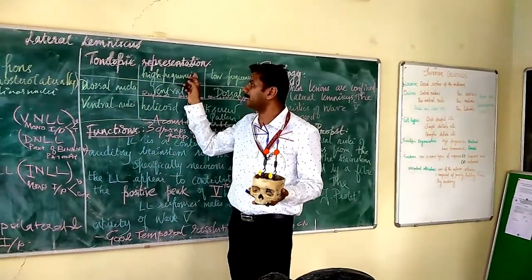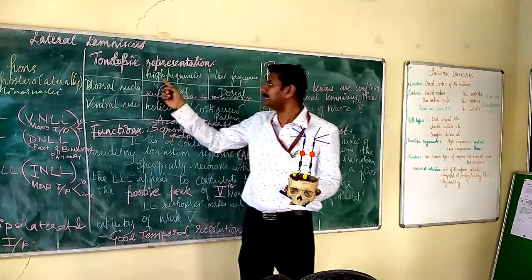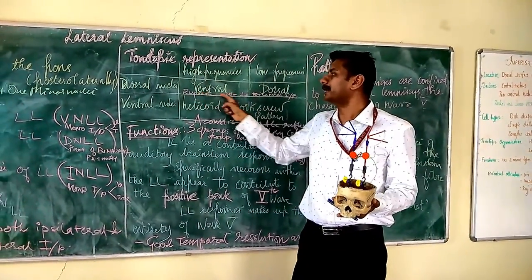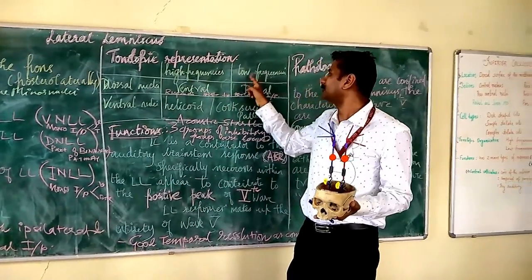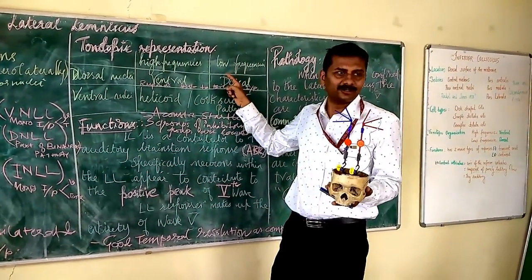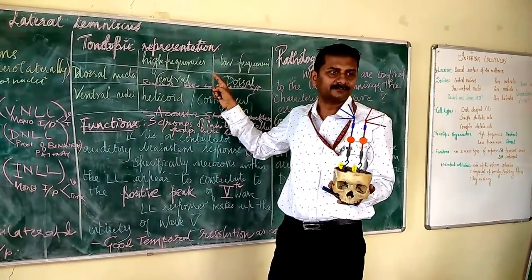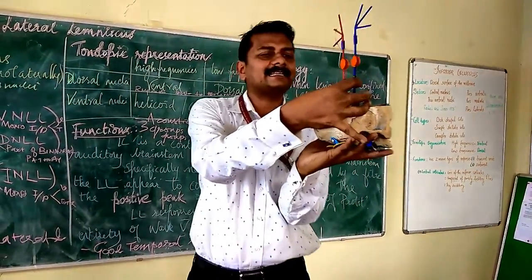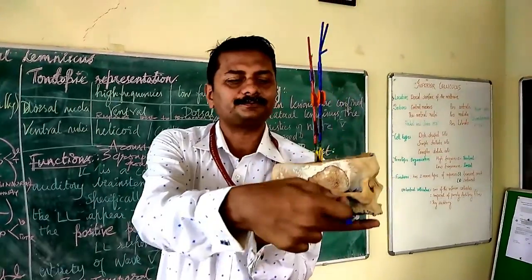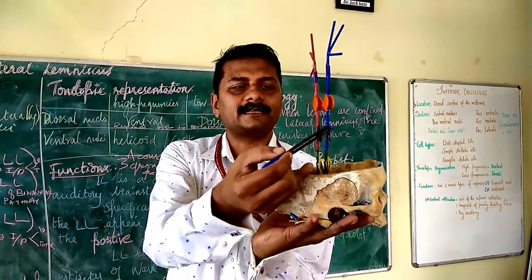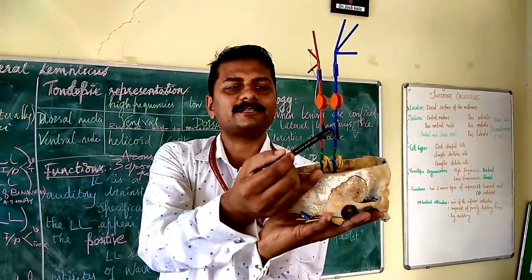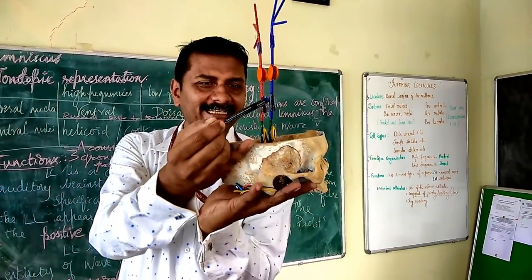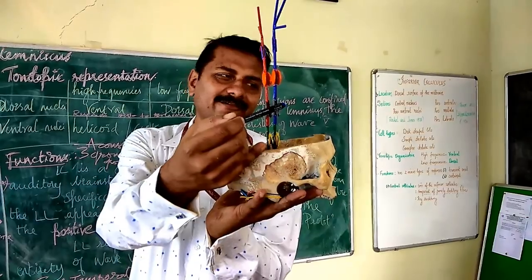So, if you see the tonotopic representation, dorsal nuclei, high frequencies and low frequencies. High frequencies are located ventrally and low frequencies are located dorsally. Ventrally means towards the front. So if you see it like this, then there are two chips here. The one towards the behind would be the dorsal section and towards the front would be the ventral section.